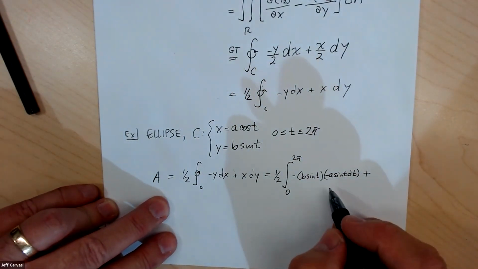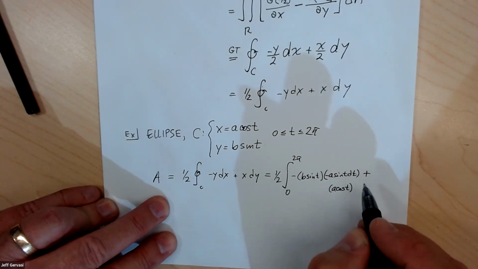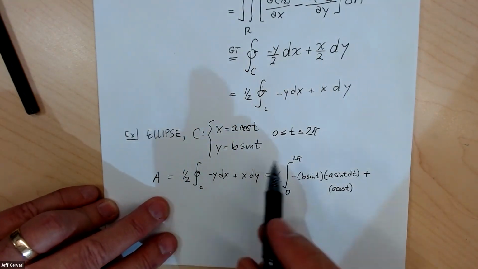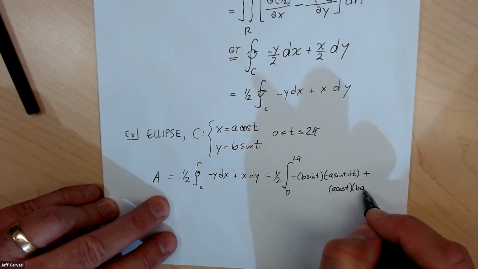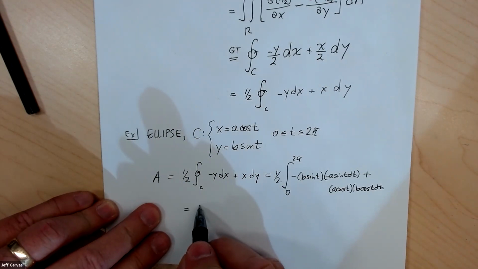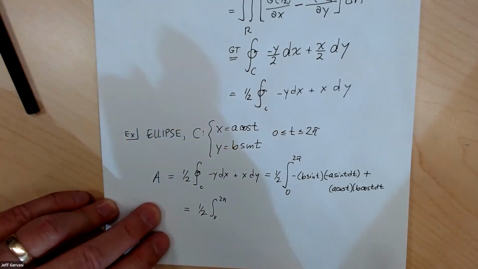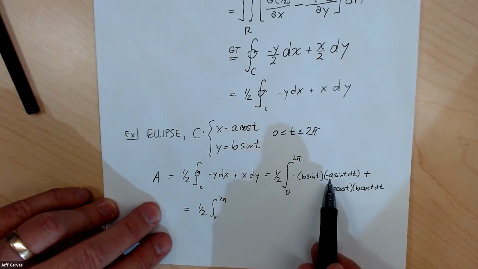I'm kind of running off the page here, so I'll go down here. All right, and then the differential of y is going to be b cosine t dt. Okay, and then I'll simplify. All right, so these two negatives give me a positive.